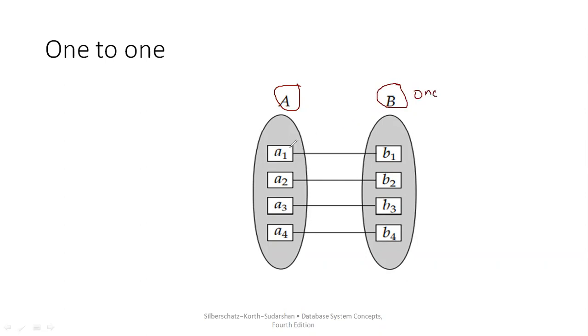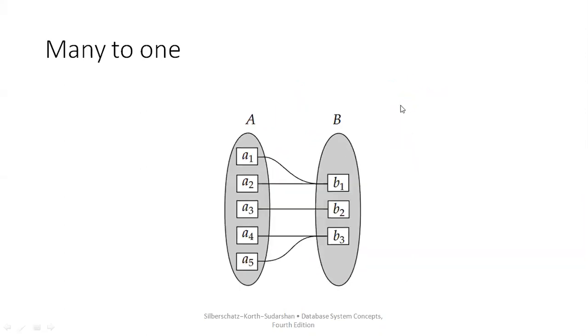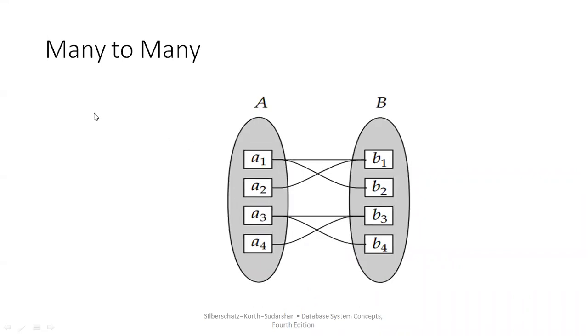Now you can see one faculty has only one subject. So this is called one-to-one cardinality. I hope you understood this. This I told you, many students, one class. Let us go to many-to-many.